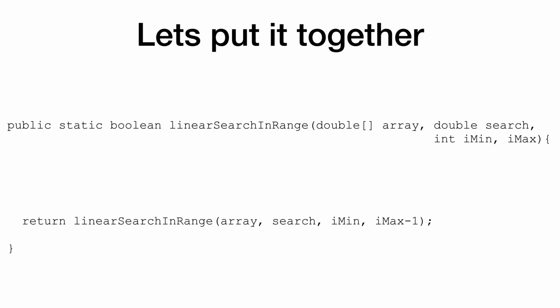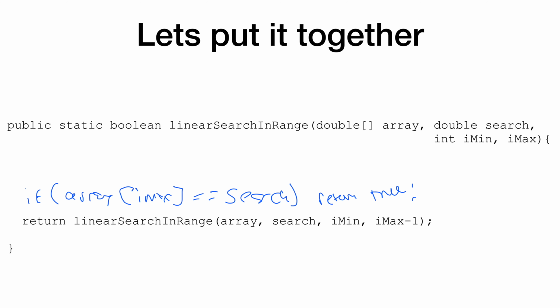What that doesn't do is check the last element to know whether or not it exists. So what do we need to do to determine if that last element, max, exists? Well, we need to check it. So we need an if statement: if array[imax] equals search. And if it does, what can we return? Well, if that's true, then we can return true.